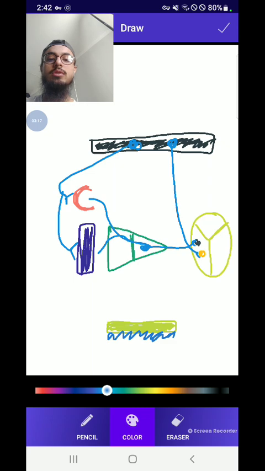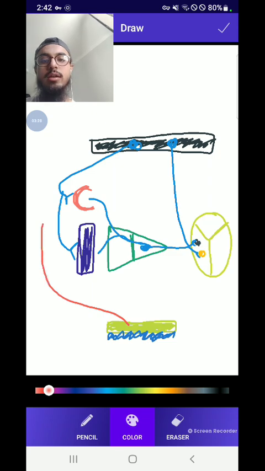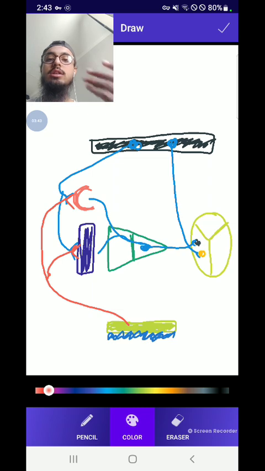It is involved in this pathway. How is it involved? I have to draw. It acts on the caudate nucleus and also on the putamen. It means it acts on the striatum. The caudate nucleus and putamen combined are called the striatum. So it acts on the striatum and modulates the activity.